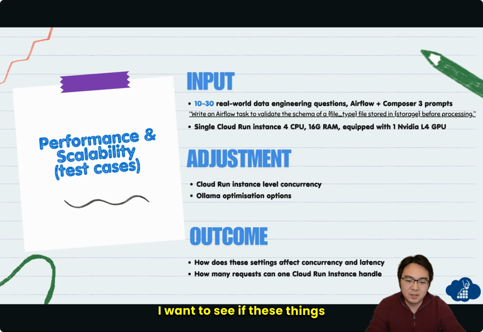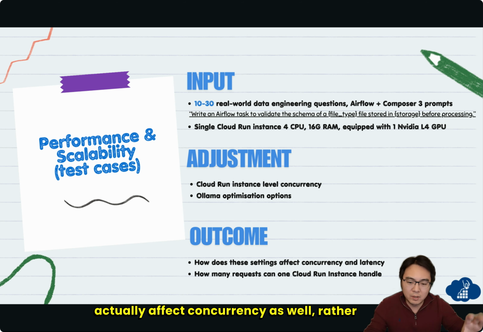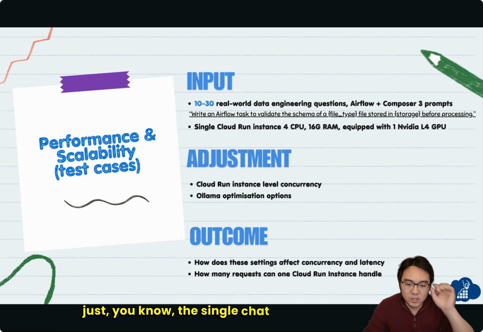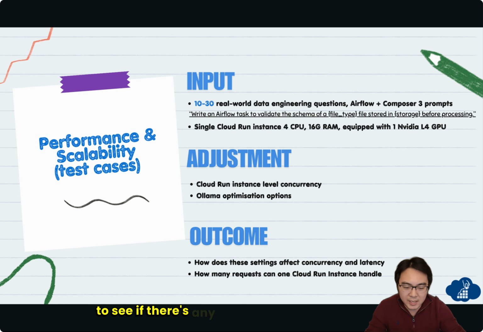I want to see if these things affect concurrency as well, rather than just a single chat session, and whether there are any performance gains or GPU-optimized output so I can put more concurrent queries in there. And lastly, how many requests can one Cloud Run instance handle as an optimum setup based on all of the tests I've done.